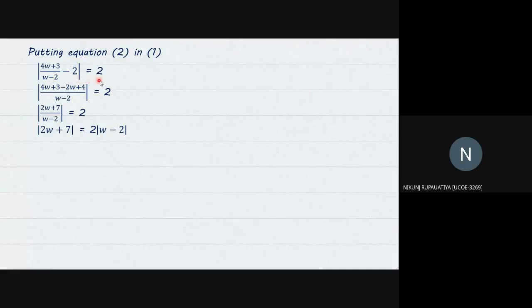Doing the cross multiplication, we get modulus of 4w plus 3 minus 2w plus 4 upon w minus 2 equals 2. So it becomes modulus of 2w plus 7 upon w minus 2 equals 2. Taking w minus 2 to the right hand side, it becomes modulus 2w plus 7 equals 2 into modulus w minus 2.